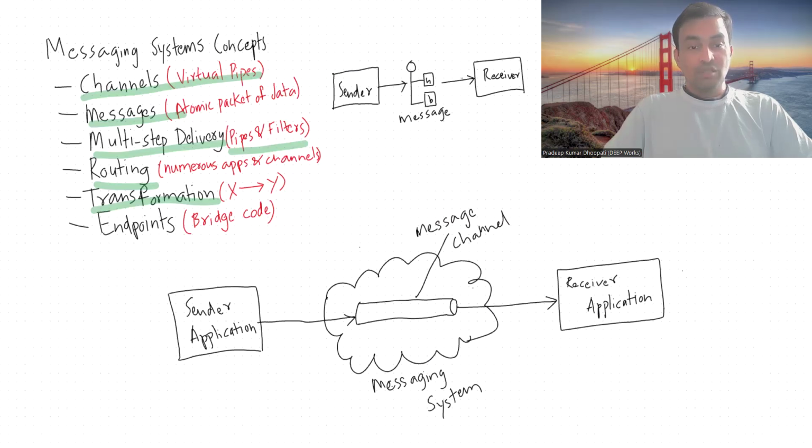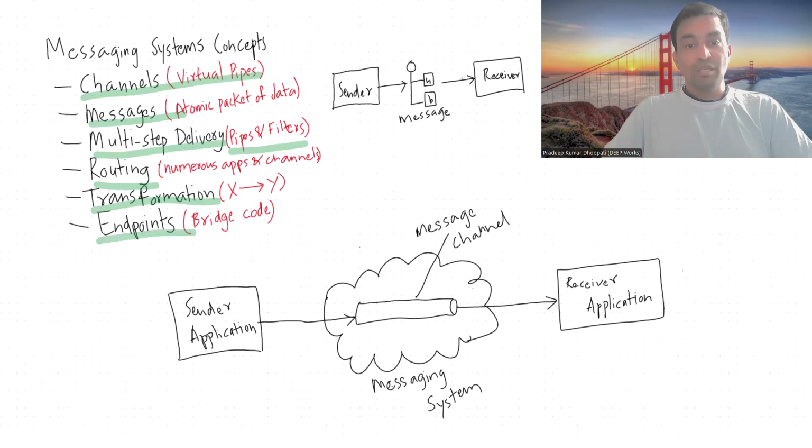And the next concept is endpoints. Like we discussed before, the sender application does not need to know how to integrate with the messaging system. Likewise, the receiver also does not need to know how to integrate with the messaging system to receive the data.